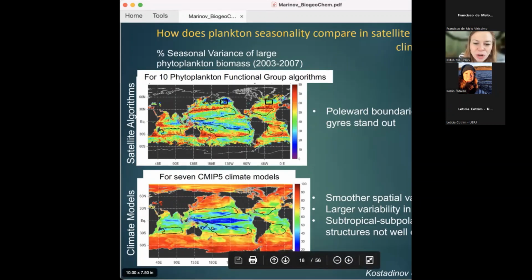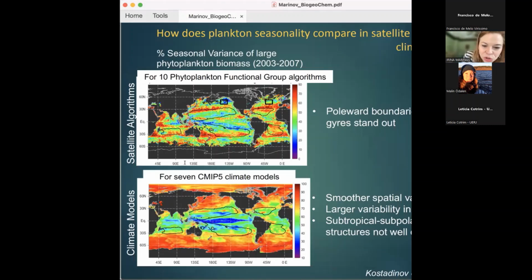Climate models use known equations, and the way we build these models, what we put in is what we get out. We make these models somehow be way more seasonal, at least in high latitudes, than what the satellite algorithms tell us.